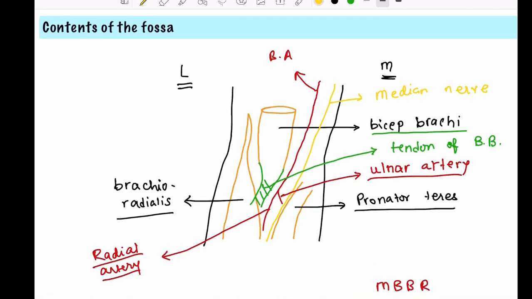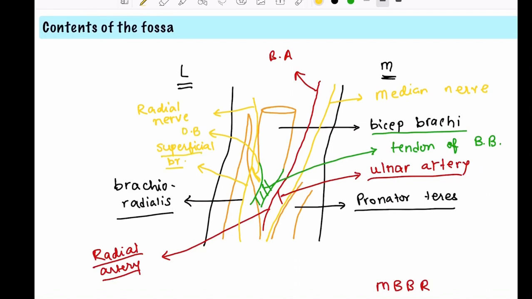Now, the last content of the fossa is the radial nerve. This is the radial nerve. The radial nerve divides into two branches. This is the superficial branch and this is the deep branch.